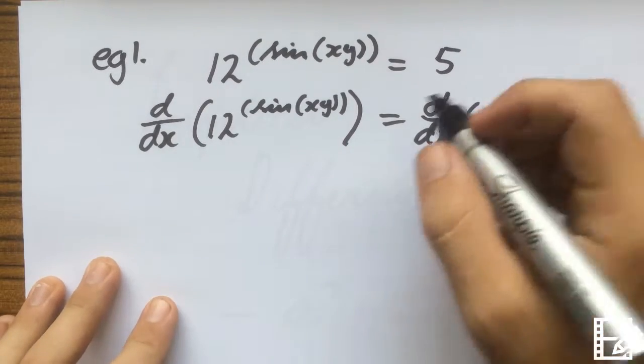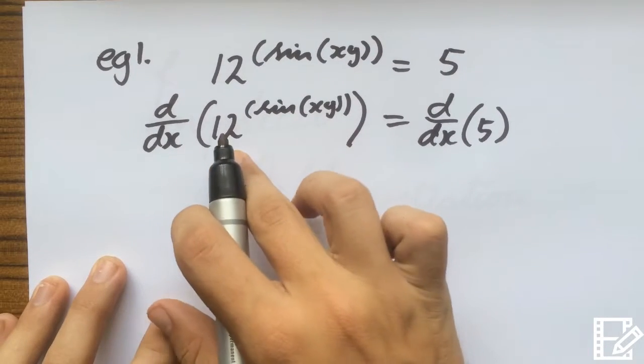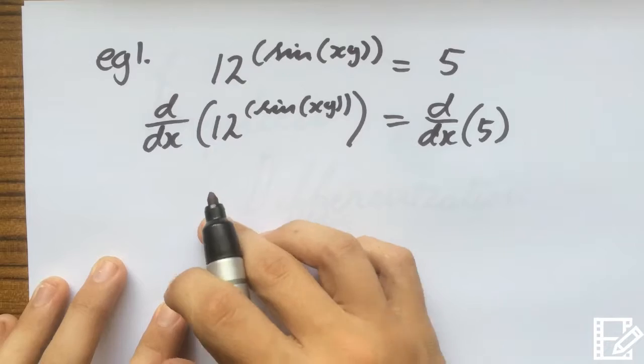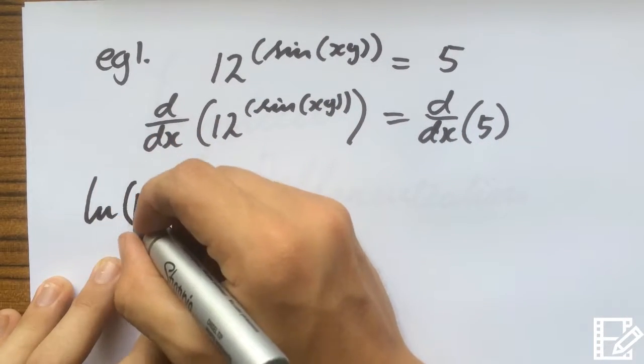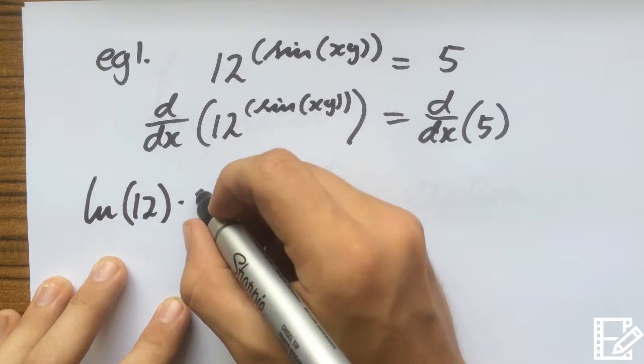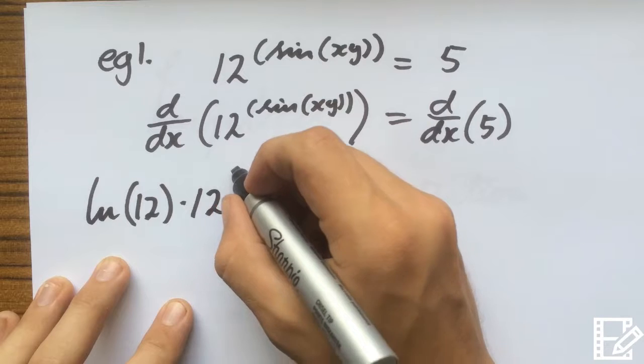Let's start with this side. Having a number to the power of an unknown, when it's derived, you get ln of that number multiplied by that number to the power of the unknown.